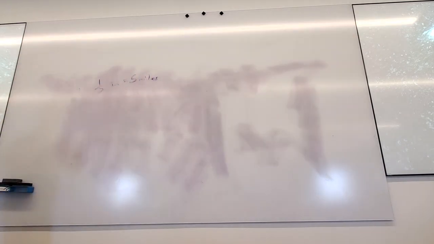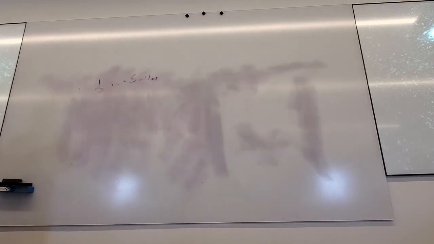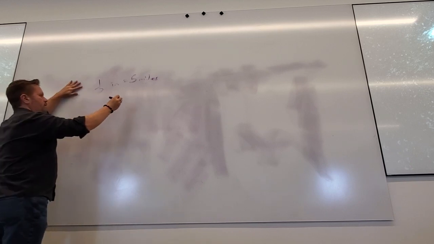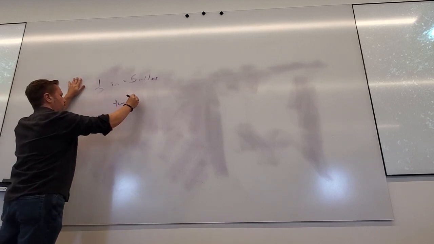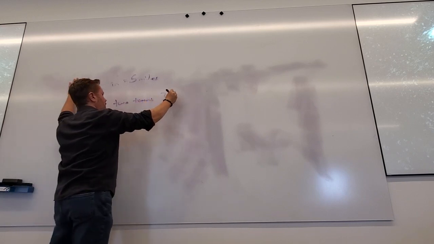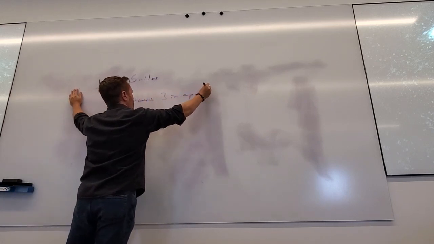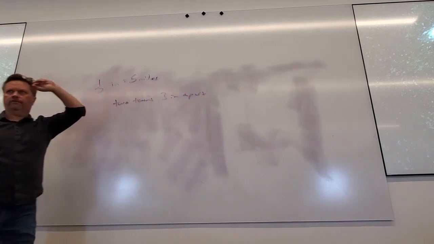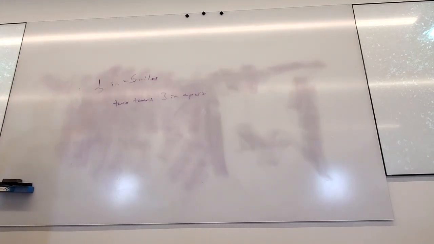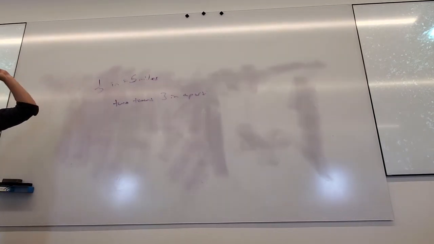And I look at the map, and two towns are 3 inches apart on the map. How far apart are they in real life? So what ratio can you set up from the beginning? You might not like it, but what is it?